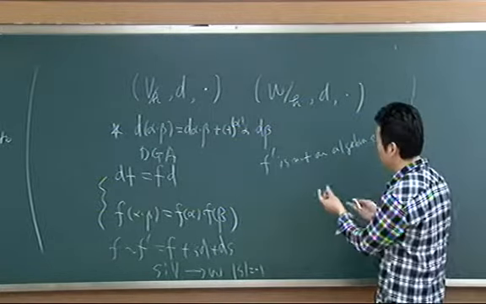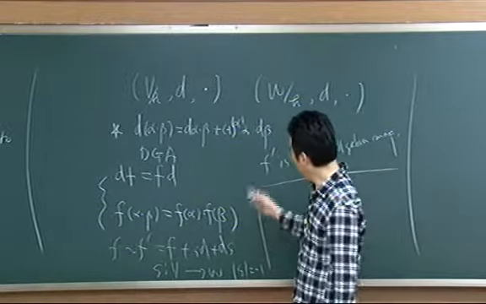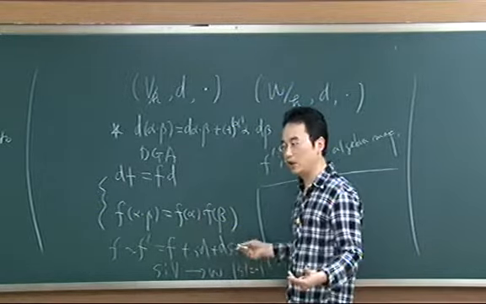Now, here's a simple question you can ask. If F prime is not an algebra map, then what is it?